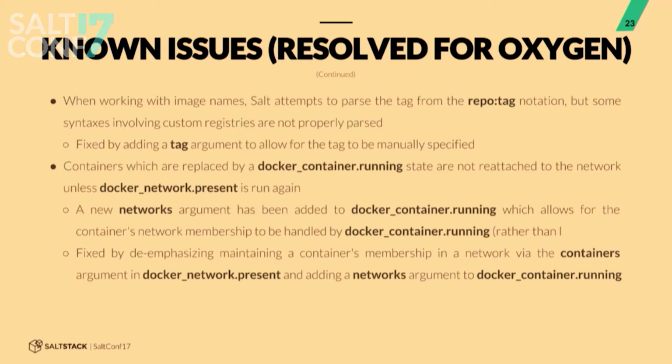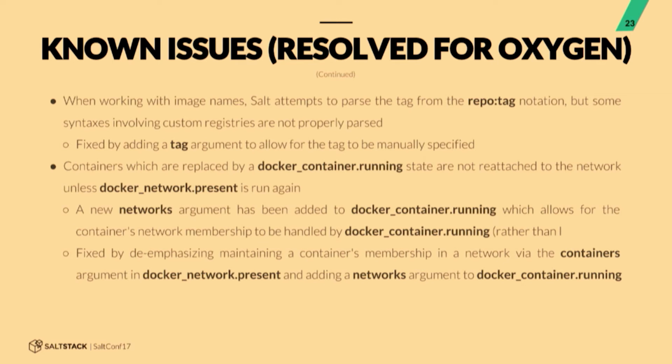And again, I mentioned earlier that the docker_container.running state will have network management built into it in the Oxygen release. That'll allow you to configure the networks in the container in your docker_container.running state, such that when the container is replaced, it is replaced with, and already connected to, the network, and you don't have to worry about rerunning the docker_network.present state.